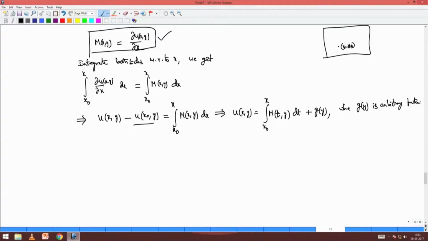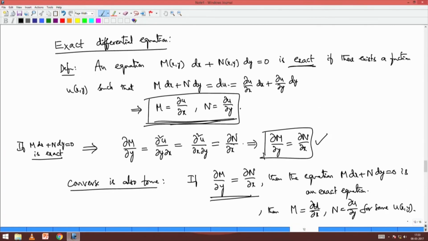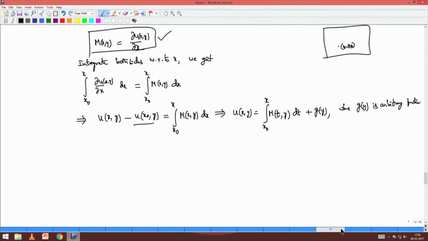So, if you think that there exists some u satisfying this, if I make use of this condition, will I be able to get my u? That is the question.